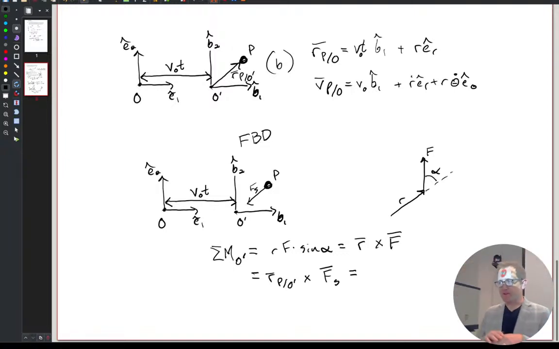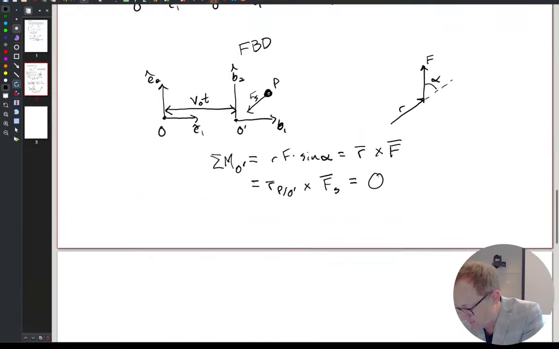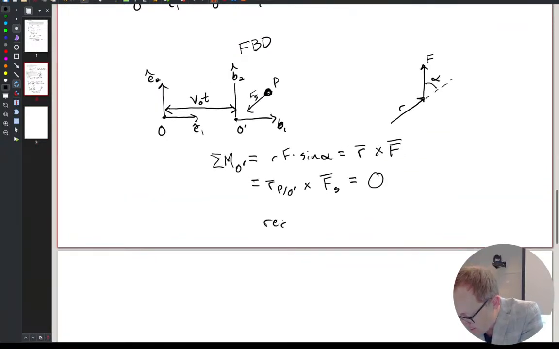All right, spoilers, it's 0. Nice when stuff is 0. But I know it's 0 because this is R ER, that's our position, crossed with a negative K times whatever value I want, like R minus L0.